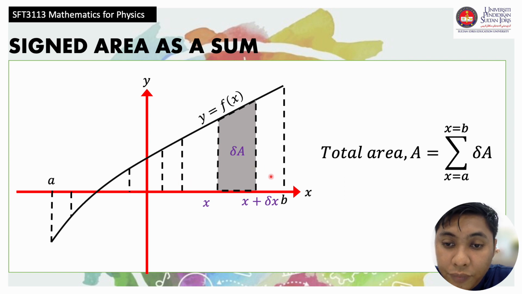Then you will get the area from A to B. So it will become a series. Assume that all the fringes are the same size. That means the summation of all these fringes will become the total area under the curve.